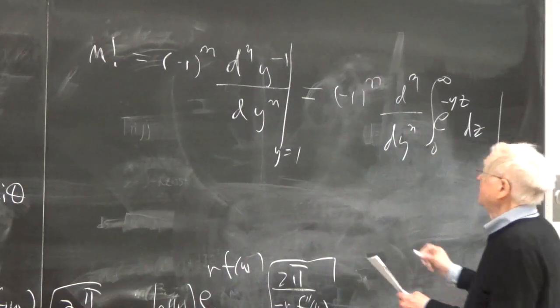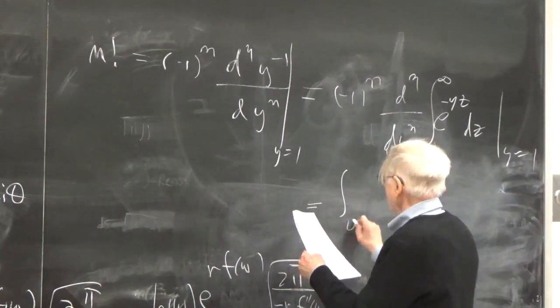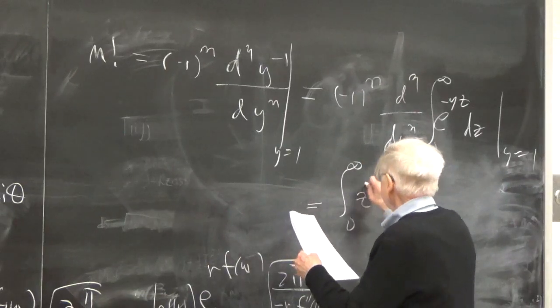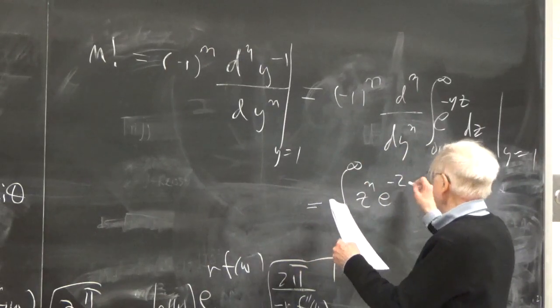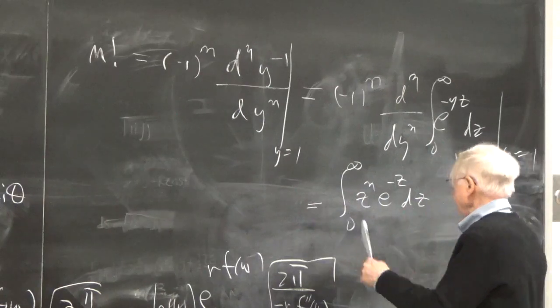And we can rewrite this as integral 0 to infinity z to the n e to the minus z dz.